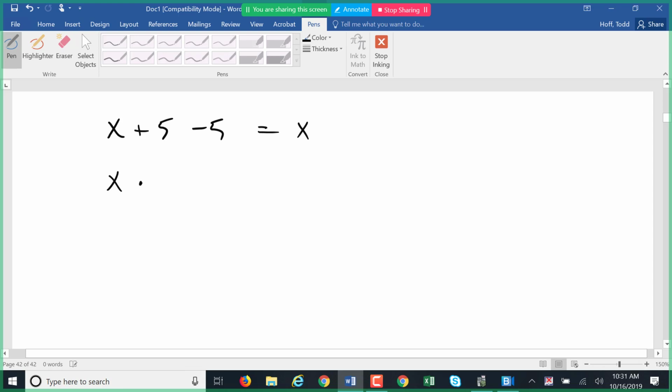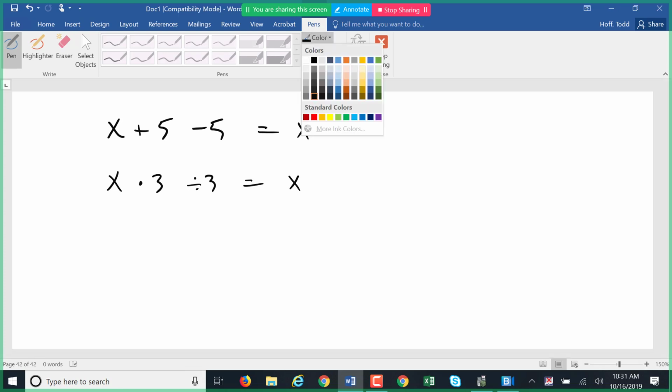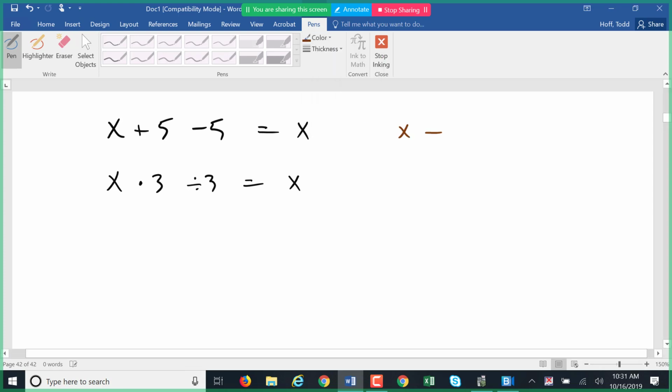Or x times 3 and then divided by 3 gave us x. And we could go the opposite order. x minus 5 and then plus 5 still got us back to x. x divided by 3 and then times 3 still gets us back to x.